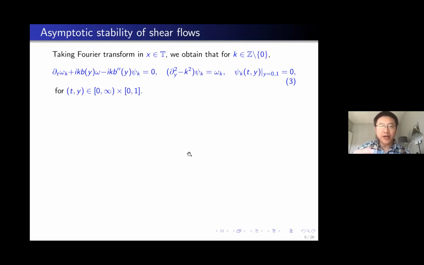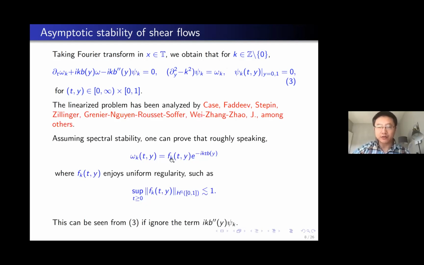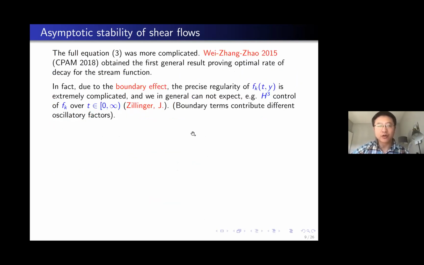The interior term will carry this factor, but the boundary term will carry a different oscillatory factor, and then these terms might interact and produce more complicated terms. So even for the linear problem in a finite channel, to understand fk completely is actually a quite interesting little open problem.